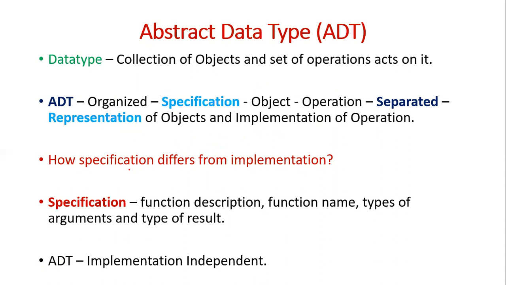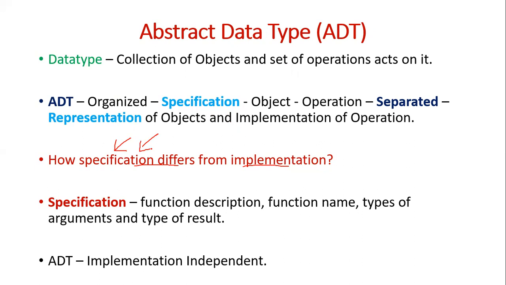So how does specification differ from implementation? That is what we discussed previously. Specification is important from a user perspective. The user needs only the specification details: what this data type is, what it can do, what the operations are, and what the range is.